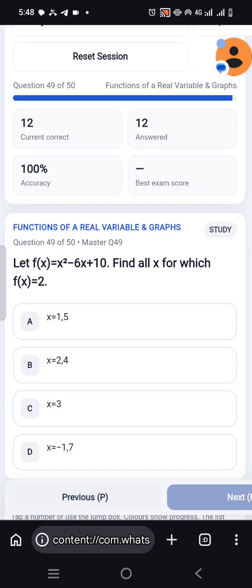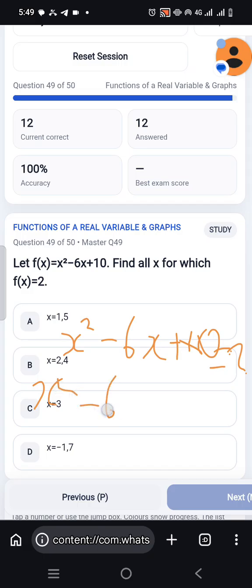So we are asked to find the value of x where f of x is equal to 2. So when my input is x, my output is x squared minus 6x plus 10. My output, which is f of x, is equal to 2 at that point. So I'll take 2 to the other side to become x squared minus 6x, then plus 10, this will turn to minus 2. That will be plus 10 minus 2.